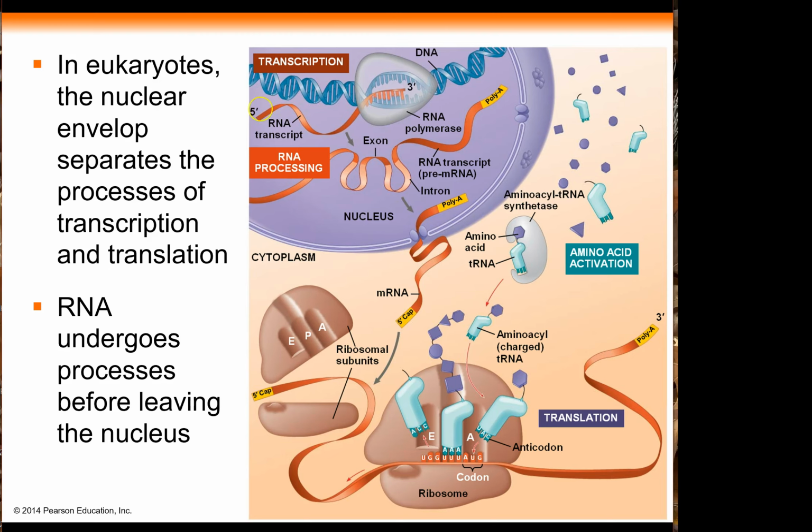It has to go through processing. This takes place in the nucleus. This is where the poly A tail is added, and you can't see it here, but the 5' cap is added, and then splicing occurs, right? So we're going to take out the introns and stitch together all the exons. Once that's finished, then the mRNA is done and it can go out the nuclear pores here into the cytoplasm, find itself a lovely little ribosome, and translation can begin.